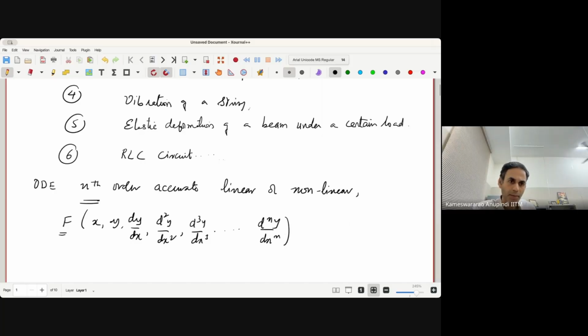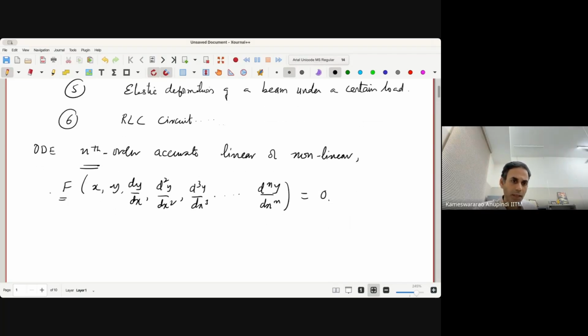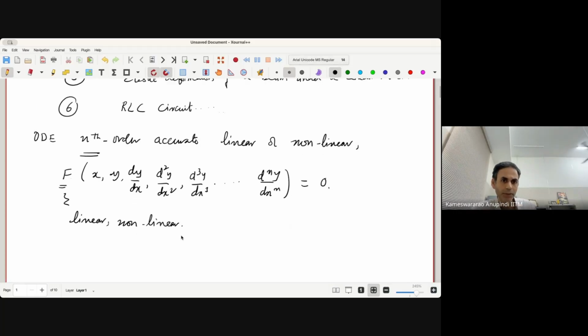We said this is nth order, so the derivatives are up to nth order. In this, x is the independent variable and y is your dependent variable.